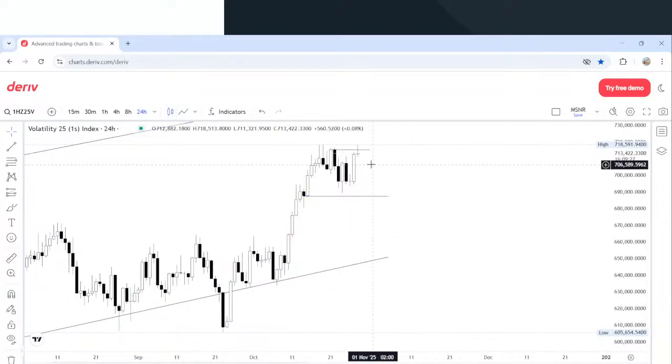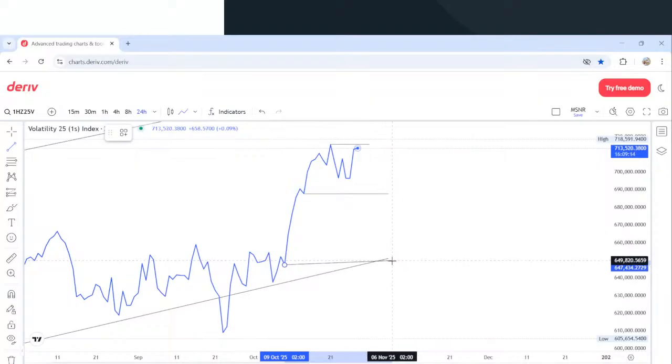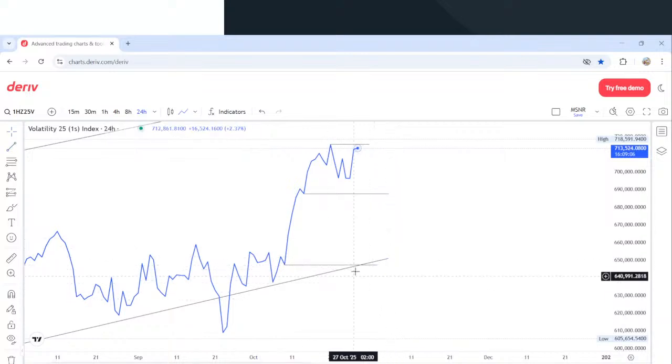Yeah. So let's see what else we are looking at. Look at this. This one is gonna go in line with our trend line. You remember our daily trend line. Maybe the market is gonna come here and then go back up.